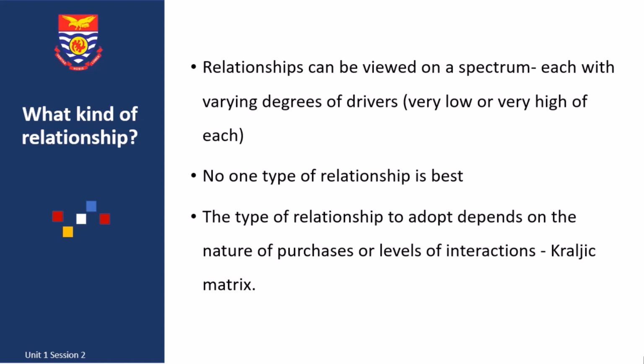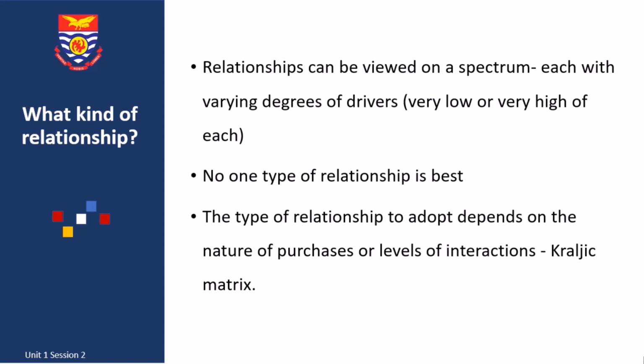So, for instance, the Kraljic matrix can be used by buyers to determine the right type of relationship to adopt with their suppliers, where goods that are of high value to them determine the type of relationship that they need to develop with their suppliers.